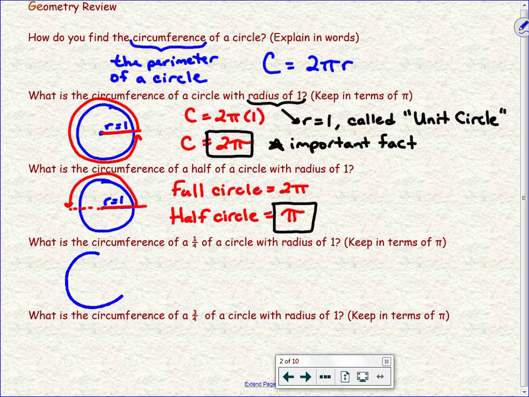Here's my circle. Not a good one again. My radius is 1. And this time, rather than going all the way around, I'm only going a quarter of the way. So there's my starting point in standard position, and I want to go right there. So we're starting in standard position and going a quarter of the way. The full circle is 2 pi.